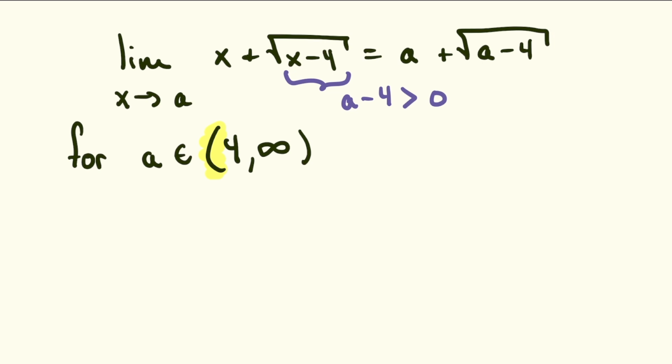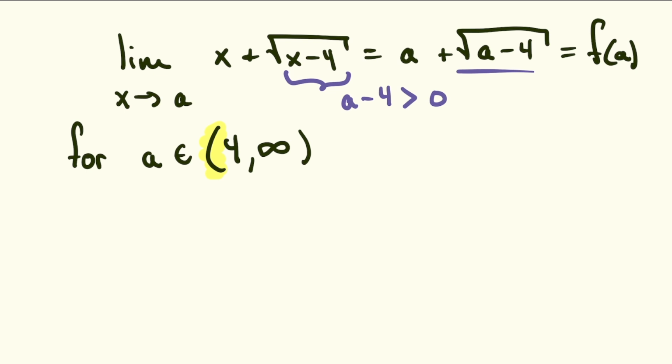Even if it's just a little bit bigger, like 4.1 or 4.0001, that number is going to be positive, which means we can take a square root of it and we're going to be perfectly fine. And that is going to be the same thing as f of a. So that's not going to be an issue when we take numbers that are bigger than 4.